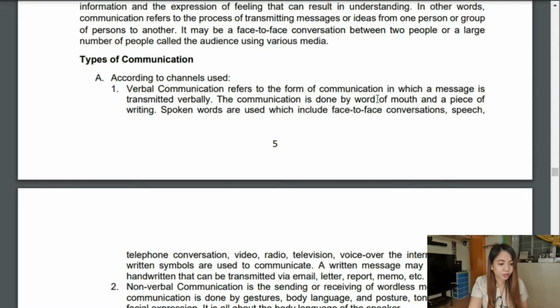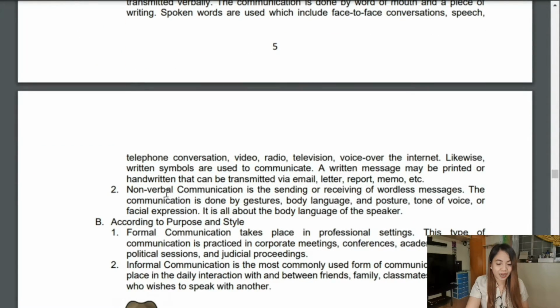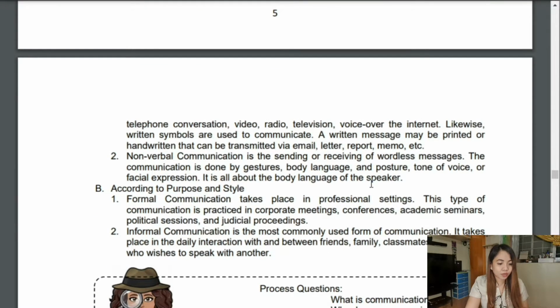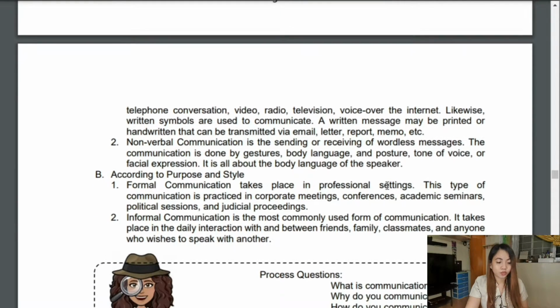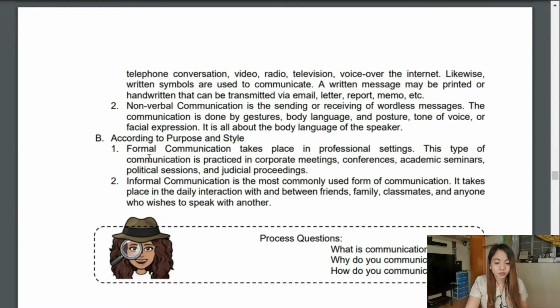Verbal communication refers to communication which is done by word of mouth or a piece of writing, while non-verbal communication is sending communication through body language, gestures, posture, tone of voice, or simply facial expressions.